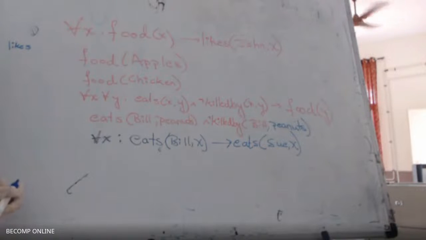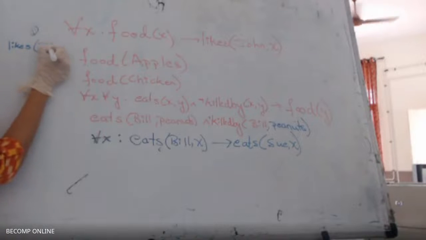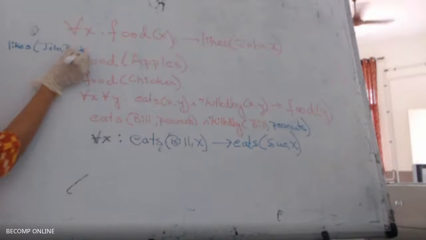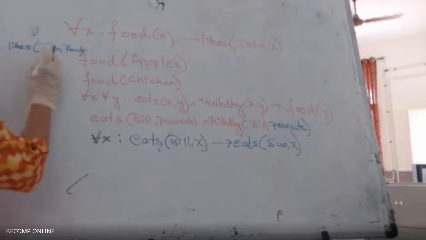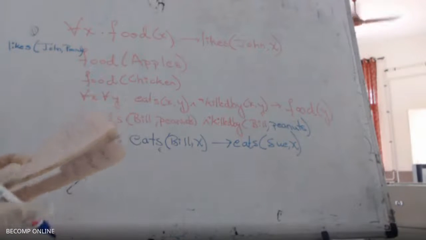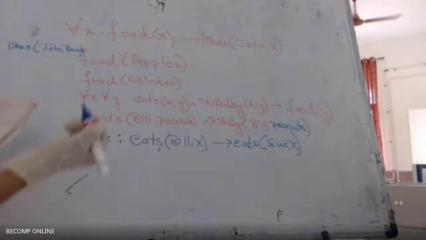Yes. Okay, likes John, comma, peanuts is what we have to prove. But we do not know whether John likes peanuts or not.